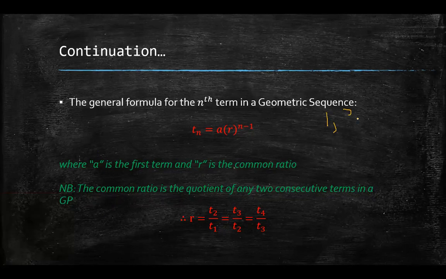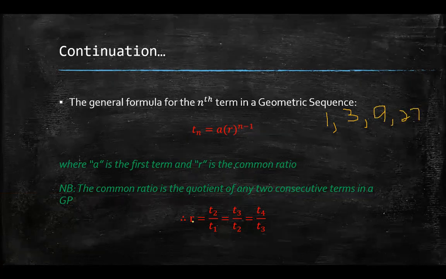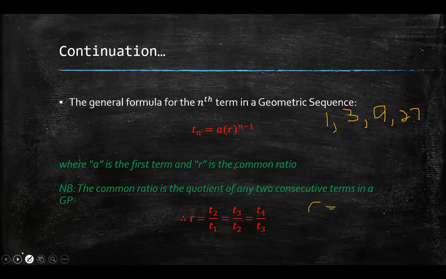The sequence that we had: 1, 3, 9, 27. If I want to find the common ratio, let's say I didn't know the common ratio was 3. I need to find it. Well, how would you do that? R is equal to the second term divided by the first term. So 3 over 1, then 9 over 3, then 27 over 9.